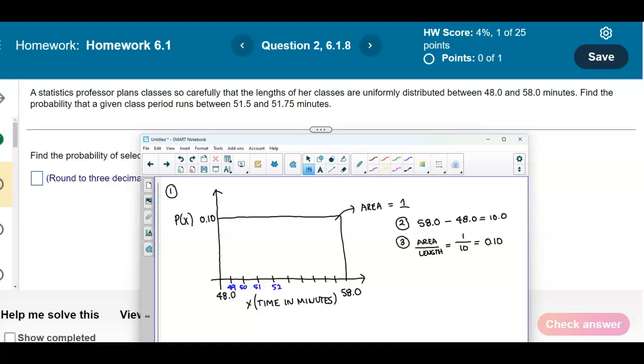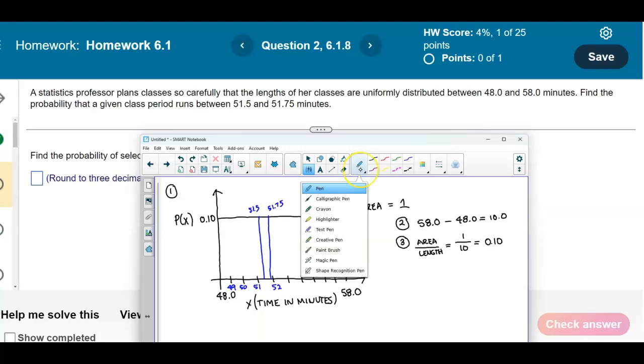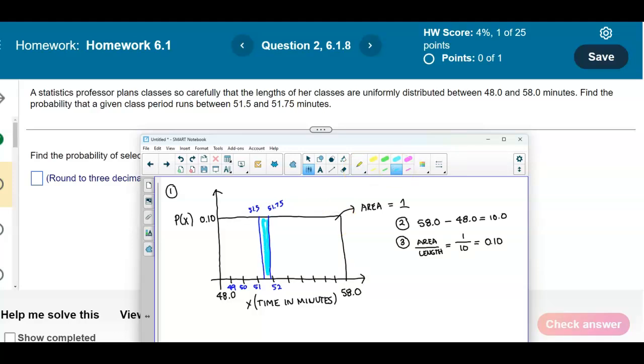Okay, so if this represents 51.5, and I'm going to write that up here, and then let's say this one represents 51.75. So what we want to do is find the area that is in between here. Okay, so that's what we're looking for.